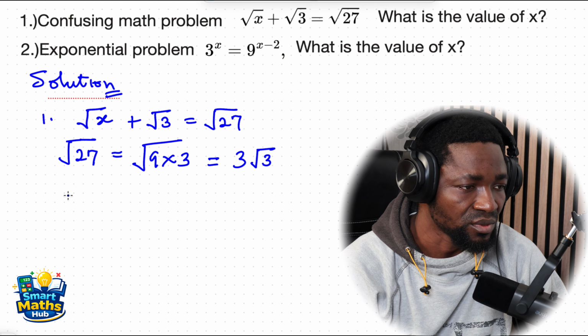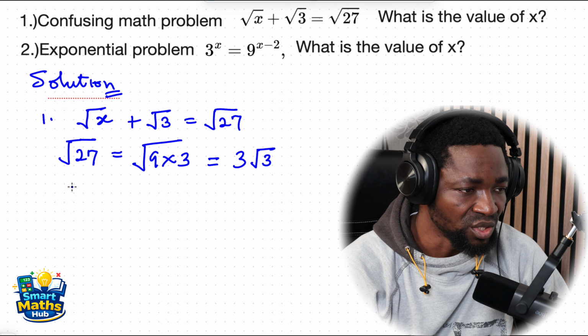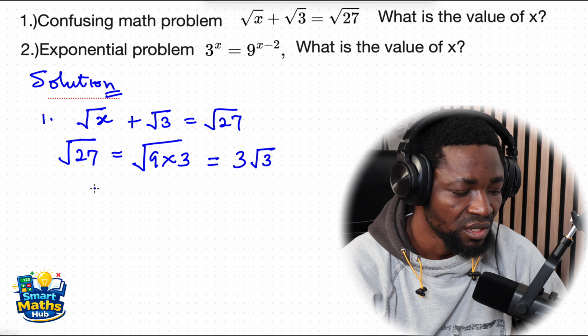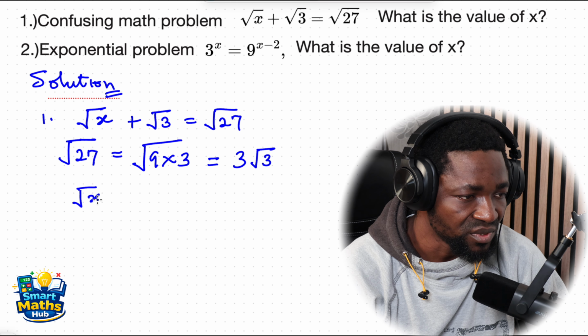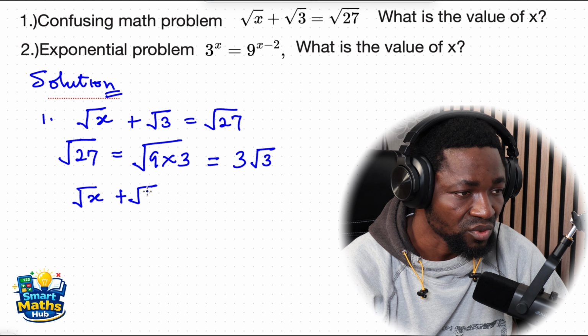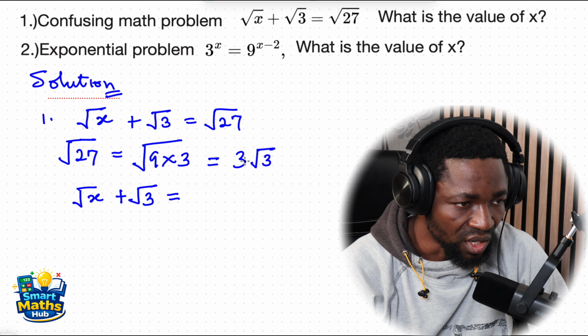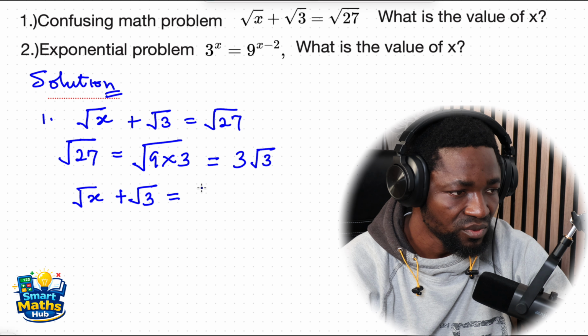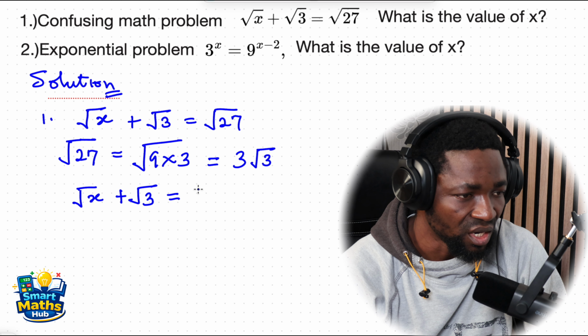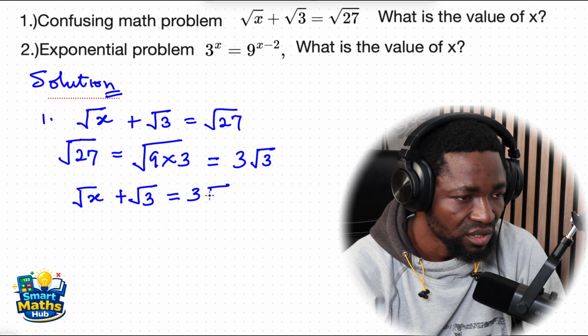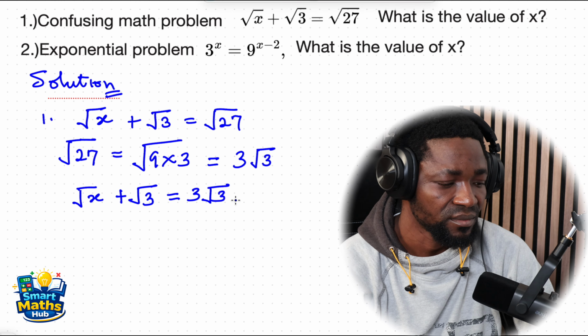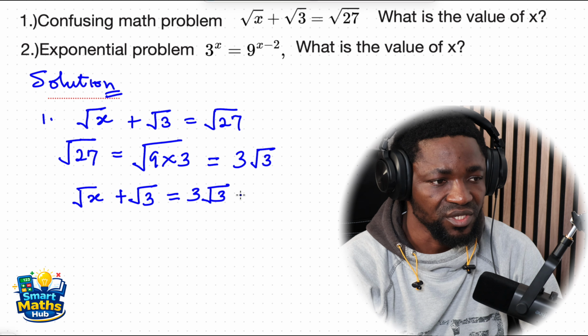So the equation becomes square root of x plus square root of 3 equals square root of 27, which becomes 3 square root of 3. So that's the first step.